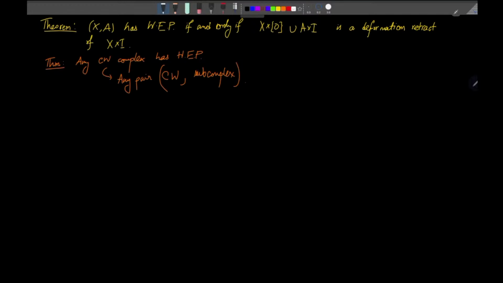How are you going to prove it? It's okay. Let's do the reverse direction first. That we have a deformation retraction of X cross I to that union, and we want to get the homotopy extension property proven.